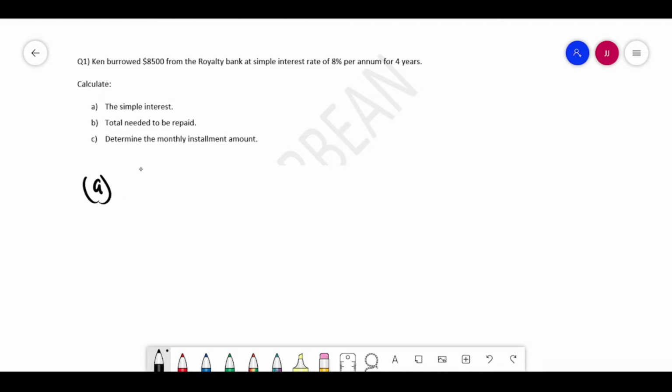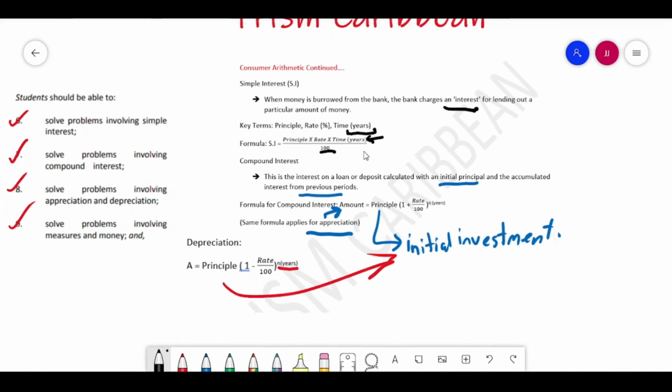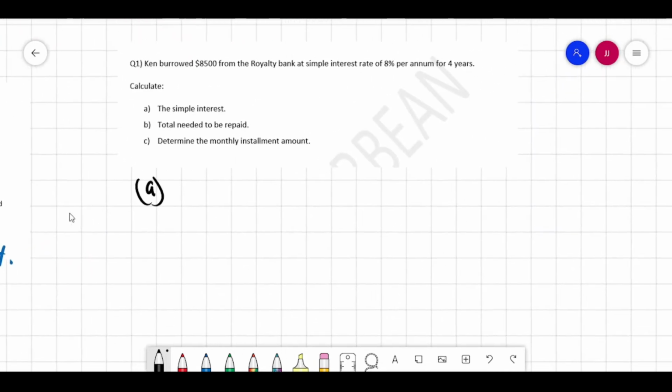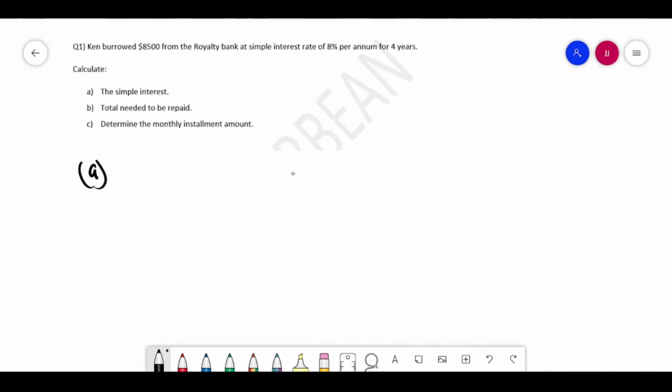Based on previous notes, simple interest is equal to principal by rate by time over 100, where time is in years. The formula can be written like this for simplicity reasons. You're allowed to.